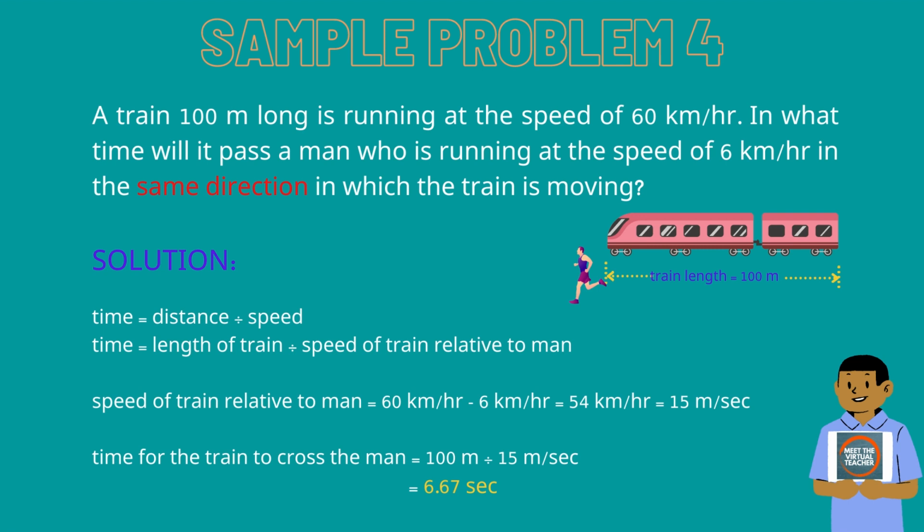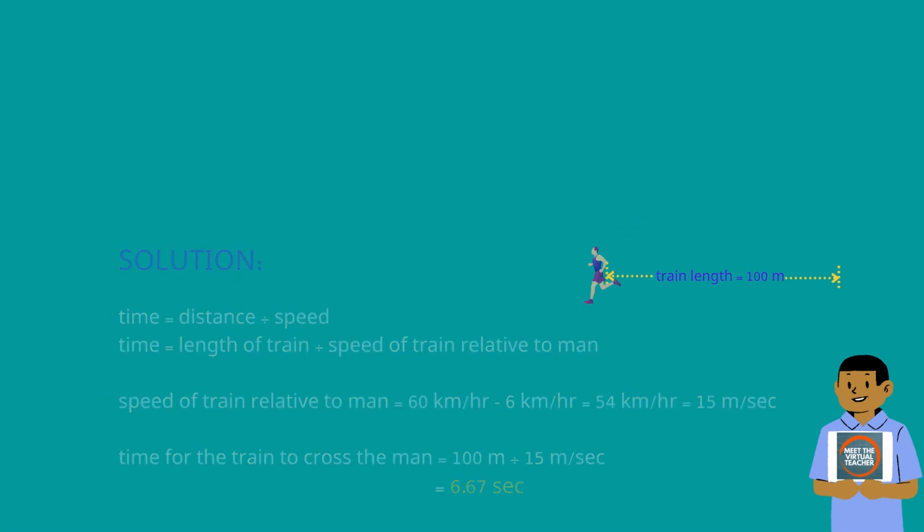So we can now solve the time for the train to cross the man, which is equal to 100 meters, the train length, divided by 15 meters per second, the speed of train relative to man, and this will be equal to 6.67 seconds. Therefore, it will take around 6.67 seconds for the train to pass the man who is running at the speed of 6 kilometers per hour.